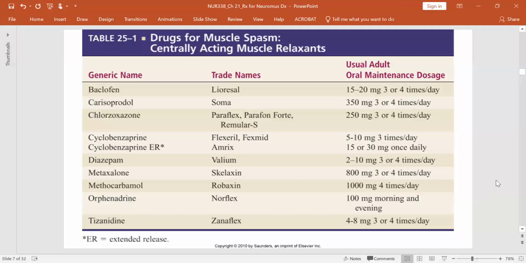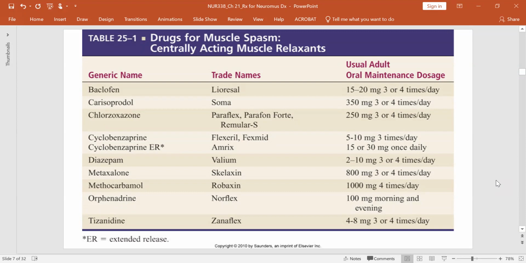This is a group of medications that we include in this table, with the generic name, the trade or brand name, and the usual adult oral maintenance dosage. From this group, you can highlight some of these medications, like baclofen, Lioresal, a very common drug. I'm going to cover that in a minute.